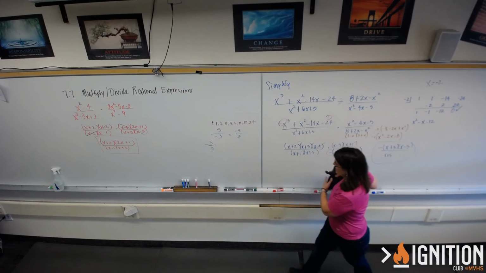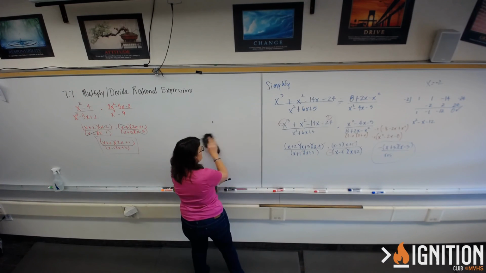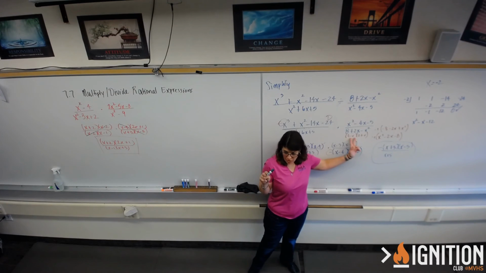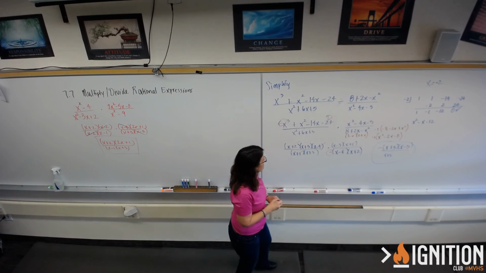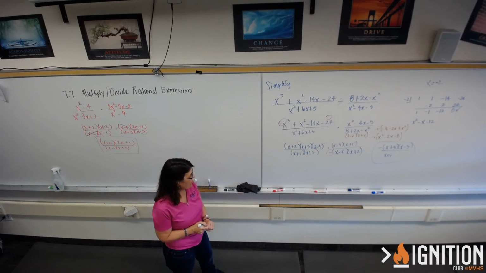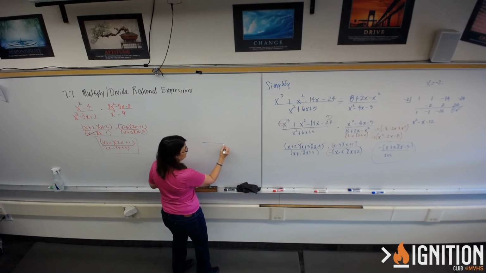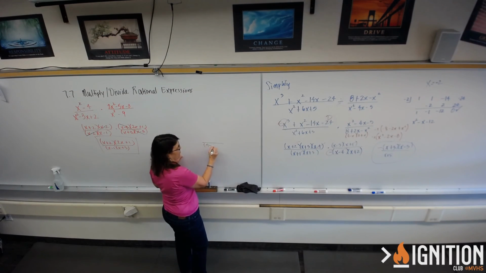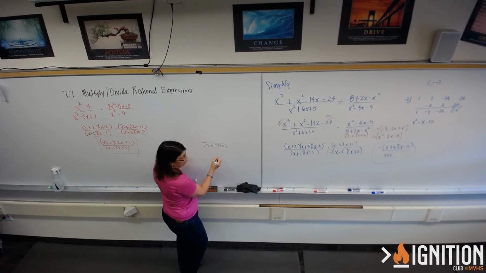I want to go back and address one thing. If you choose to factor it backwards, which is fine for you, then here in the denominator we have 4 minus x, 2 plus x.